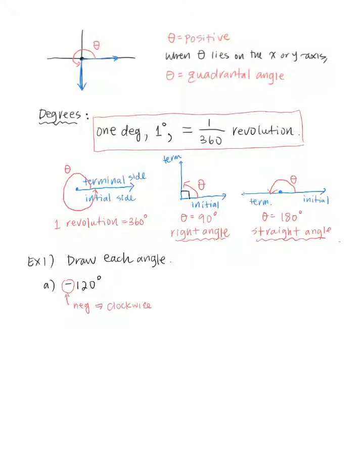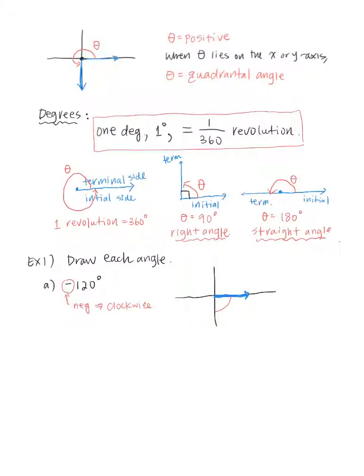Okay, so let me just draw it out. So what can we get over here? I hope you can see this blue. Oh my gosh, I am the worst artist and I can never draw a straight line, just so you know. Suppose this is going to be our initial side, and let's go with negative 120. We know for sure that we're going to have to move clockwise. From initial side to here, that's just 90 degrees, isn't it?